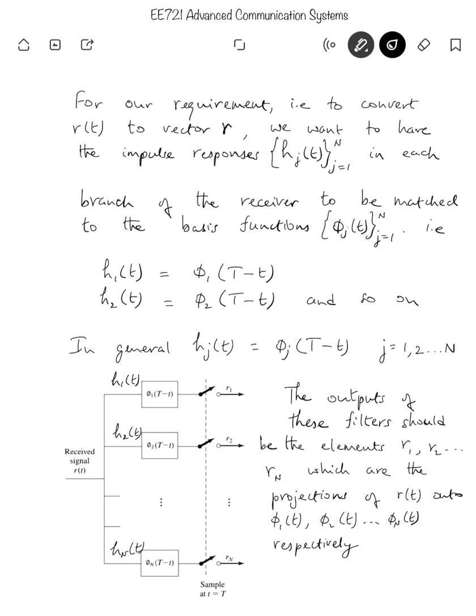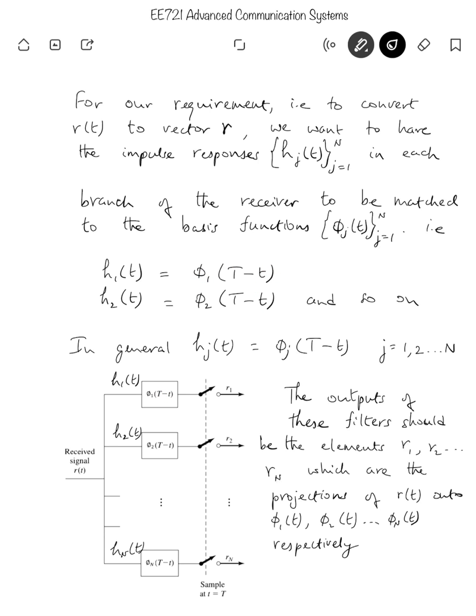So we want the n linear filters to be matched to each of these basis functions. The filter in the first branch of our matched filter demodulator is matched to the first basis function.